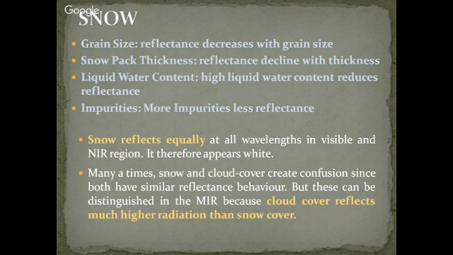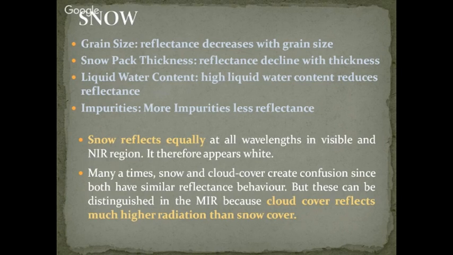The same principle of color composition applies here: if we mix three primary colors in the same proportion, we end up with white, and because of the equal reflection by snow surfaces, we see snow-covered area as white.